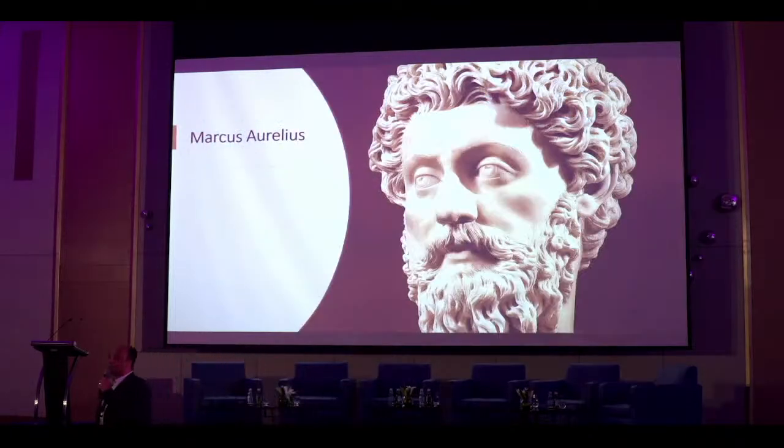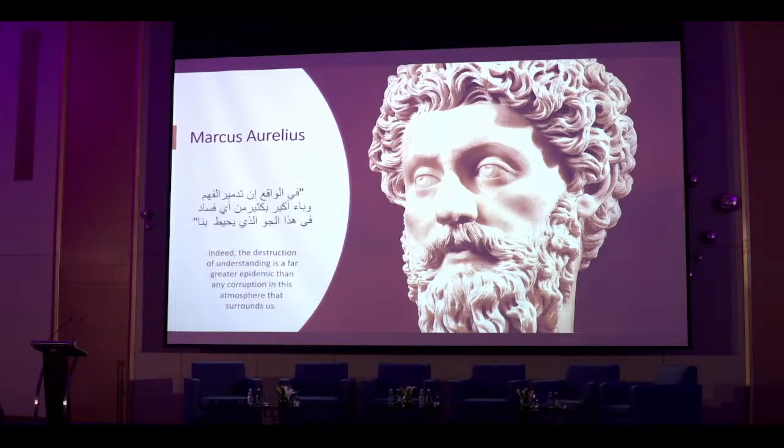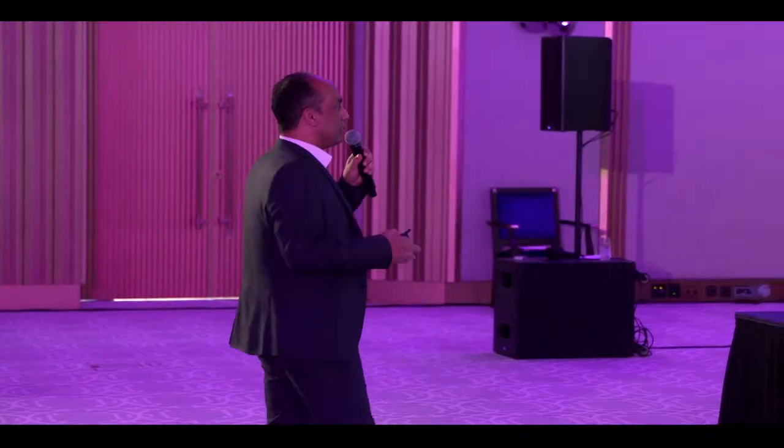Marcus Aurelius was trying to fight the disease scientifically by using doctors, but unfortunately people were happy to go to shamans and to people who don't know anything. So he made a very good statement at that time, and at the end of the lecture I will show you another statement by Marcus Aurelius. He said, indeed the destruction of understanding is a far greater epidemic than the corruption in the atmosphere around us.